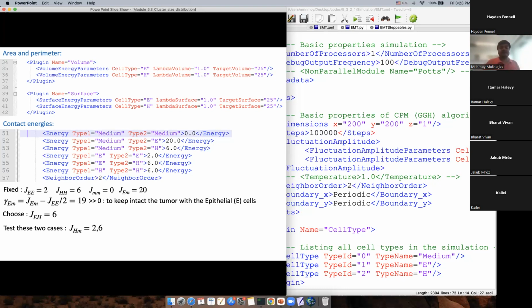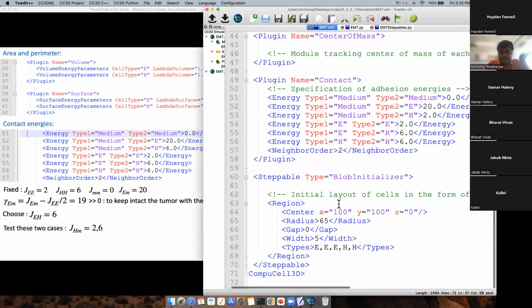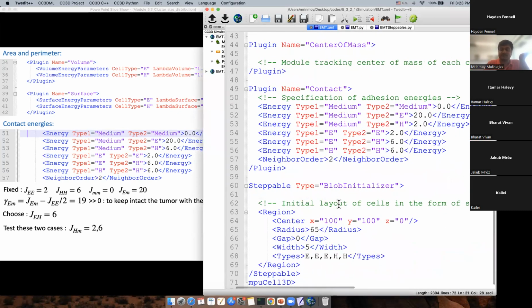Now we'll vary the other parameters. For the time being, just choose epithelial and hybrid cells parameter as 6, and we will test 2 cases: hybrid-medium contact energy as 2 and 6. So first, let's try 2. Put these contact energy terms as shown in this XML file.